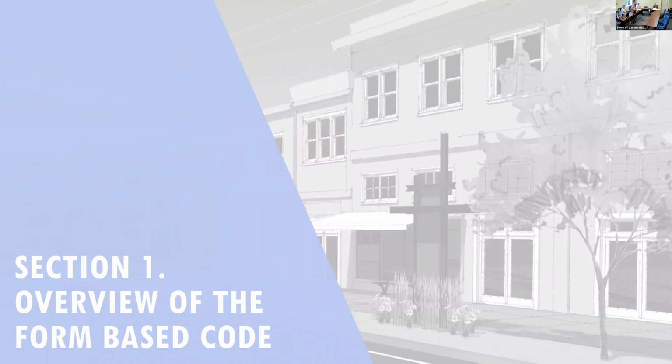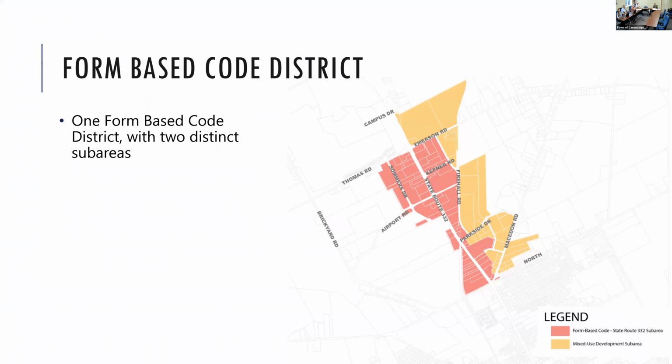So again, section 1, the overview of the form-based code, starts off with an introduction of the district itself. There is one form-based code district, which includes all of the colored area on the screen. And then there are 2 distinct sub-areas within that one district.